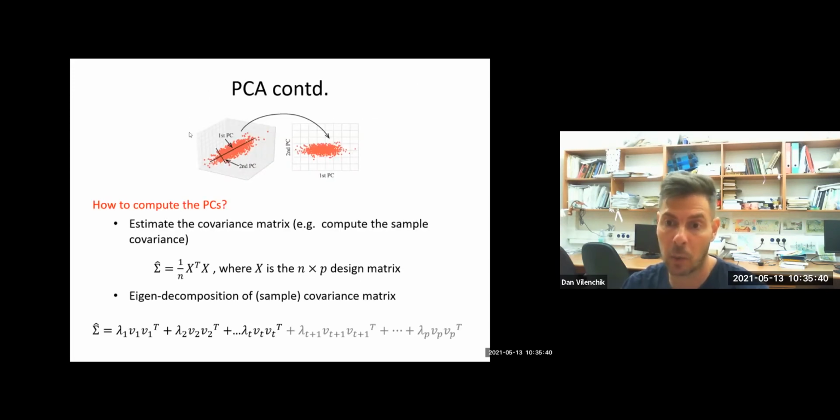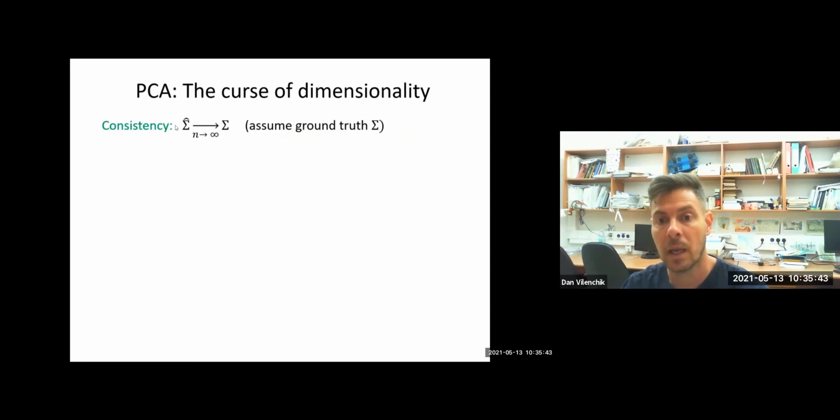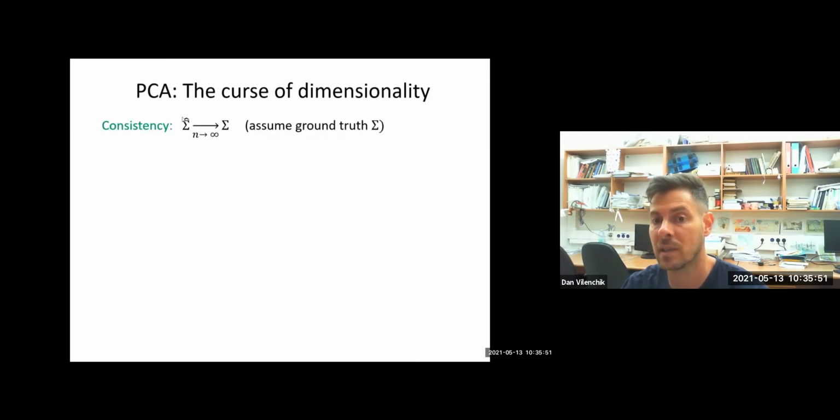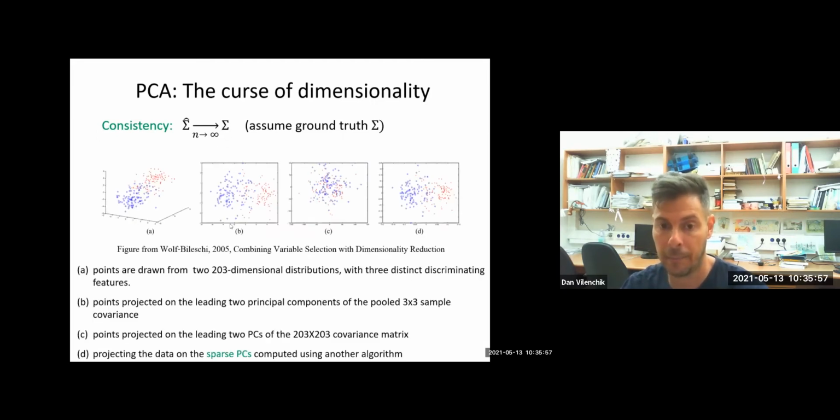But the question is, we want to visualize the data, so this sigma hat needs to be informative. We can always compute sigma hat, this is the computation, but does sigma hat really converge to sigma, the latent ground truth distribution? Here's an interesting example from a paper of Ledoit and Wolf and a co-author, Vilenchik, from 2005.